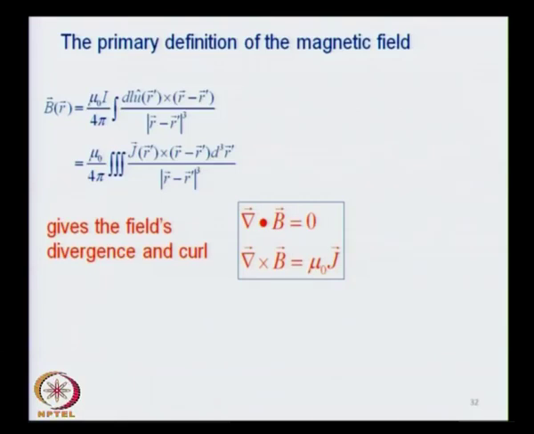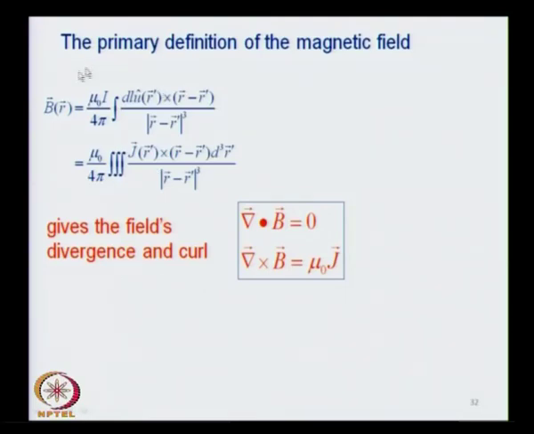But since this is due to a current which is extended in space, you must carry out the integration over the entire current loop, but it is essentially a principle of superposition, right. So, you go ahead and get the divergence of this quantity and it will turn out to be 0. I will leave it as an exercise for you to work it out.